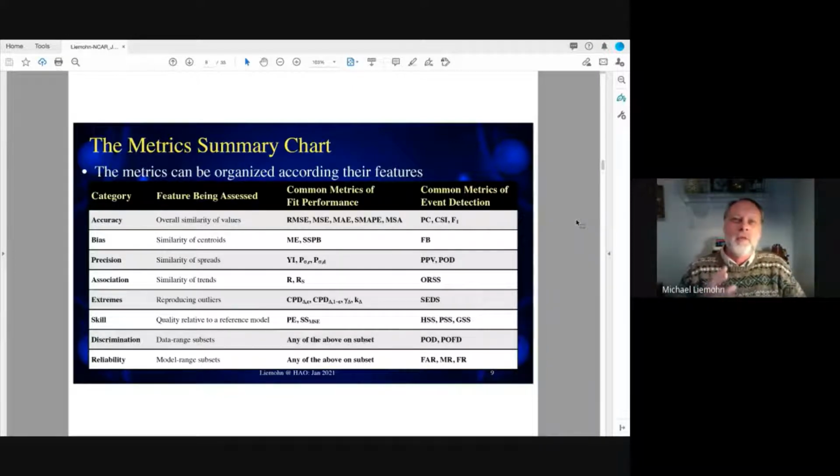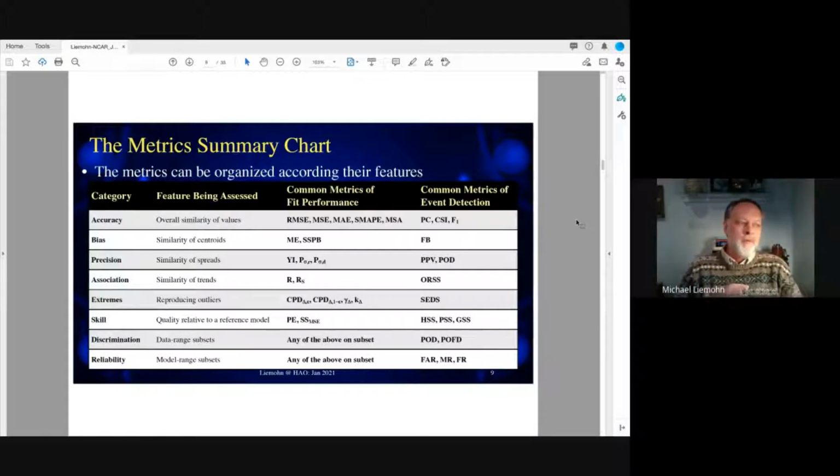And this allows you to then better choose which metrics go best together with each other. If you know what type of categories you have that are assessing different features of the data model comparison, and even what type of groupings you have, there are actually two big methodologies of how we go about doing data model comparisons that are common in our field.